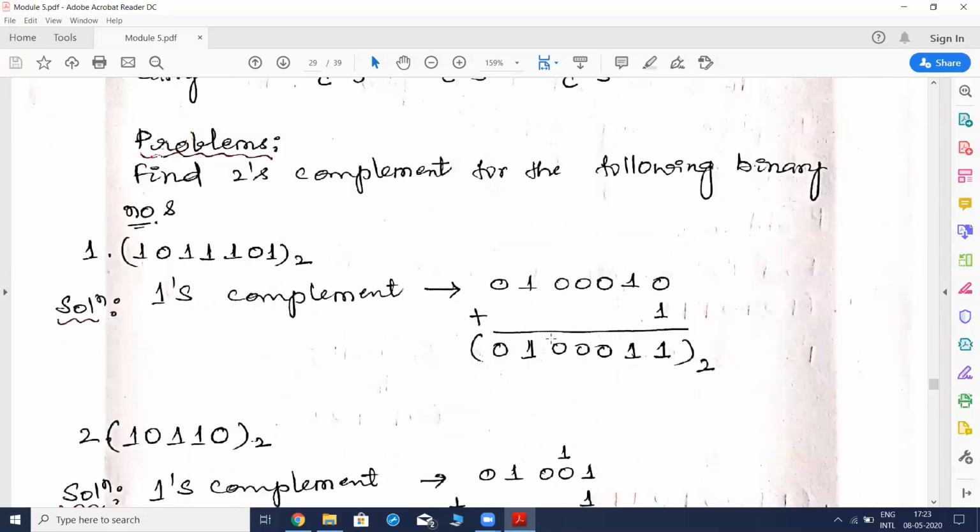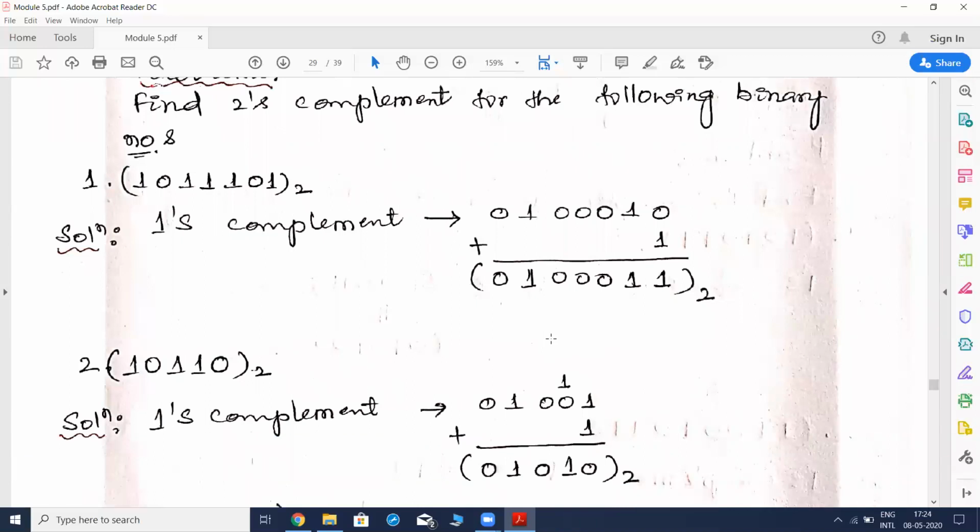Now let us see how to find the 2's complement of a binary number. Here is the problem: 1 0 1 1 1 0 1. For that we should find the 2's complement. First, find the 1's complement.